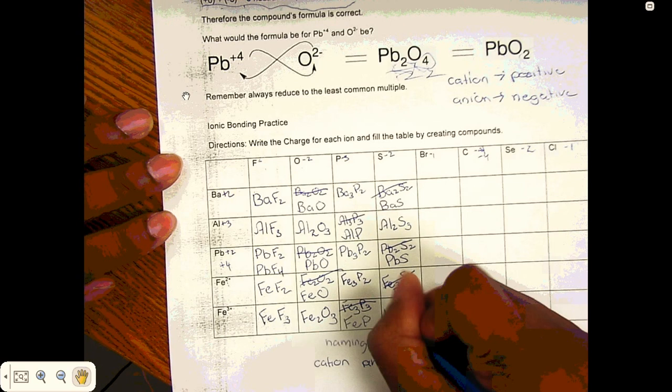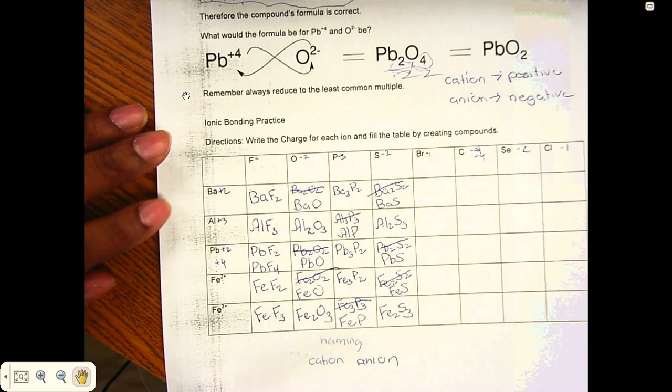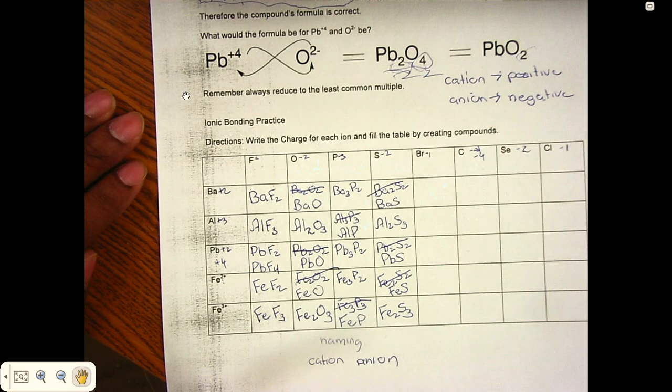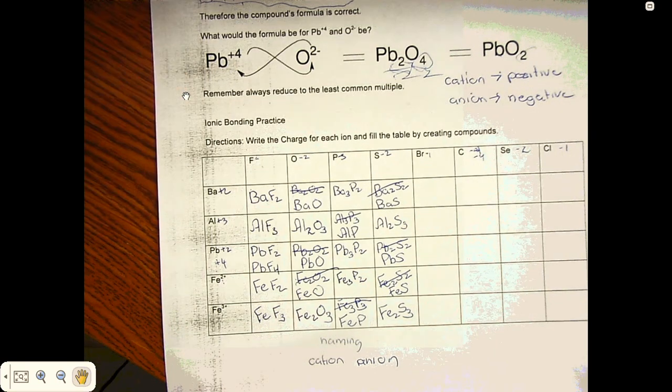We have iron 3 sulfide. So hopefully we're starting to get the hang of these guys and understand kind of the trend that's going through here. We'll do one more and just kind of close it off with that, just because I think we've started to get a general understanding.